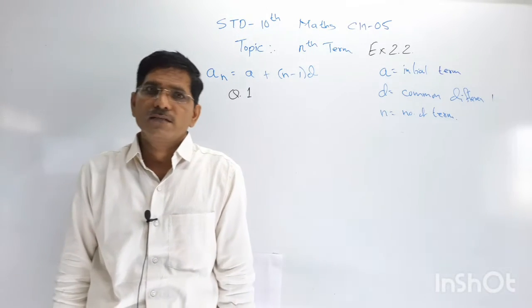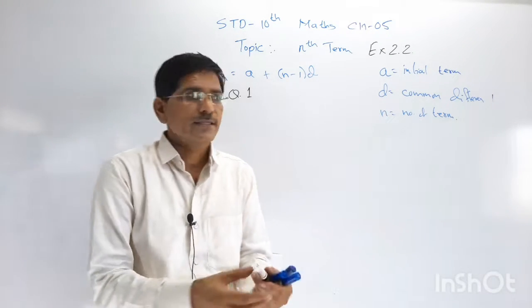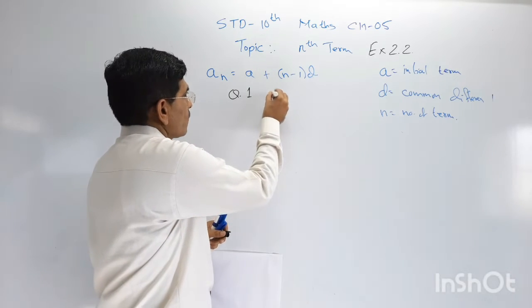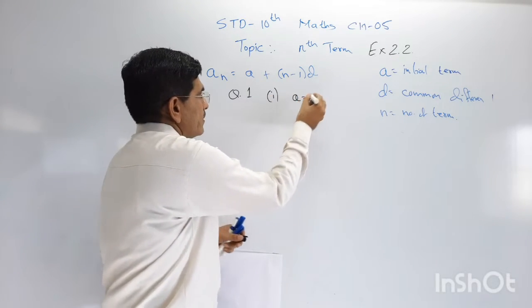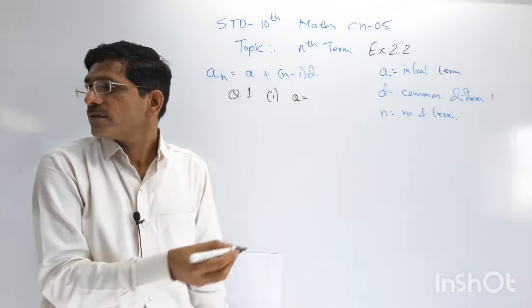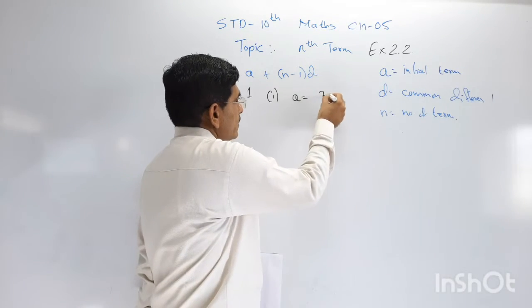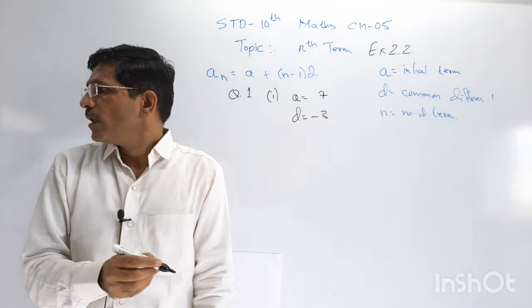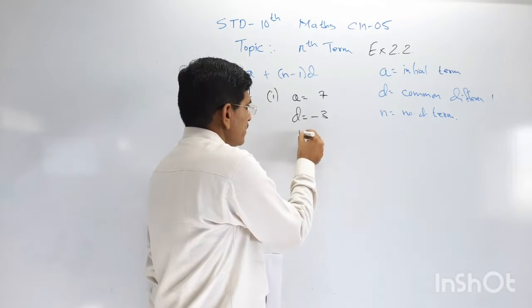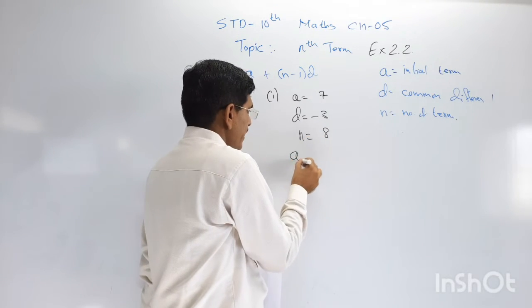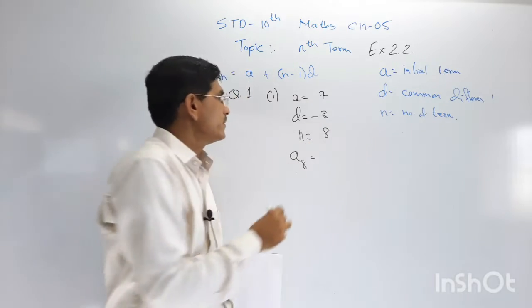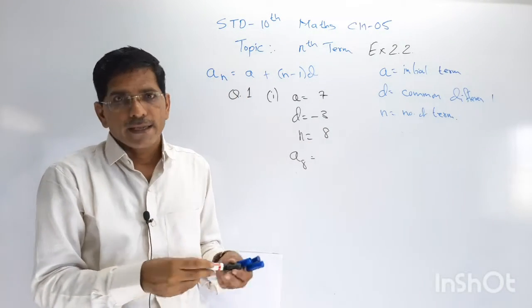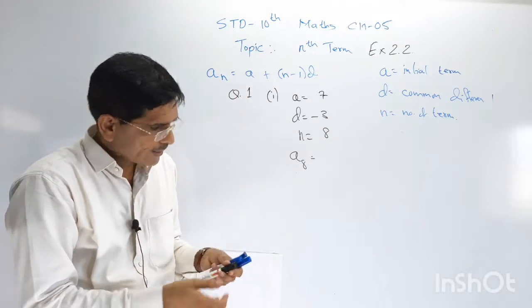Fill in the blanks in the following table. So a is given, that is 7. d is given, that is minus 3. n is given as 8. Find a8, or we can say an.